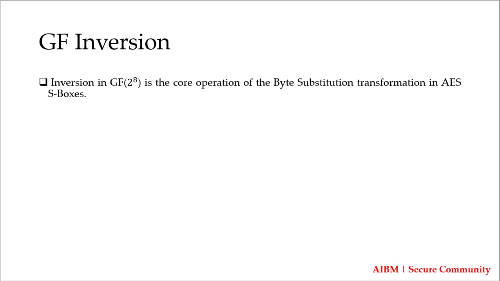GF inversions. The GF inversion is the first operation in the AES S-Box. The GF inversion is used with Galois field 2 to the power 8. Inversion in GF(2^8) is the core operation of the byte substitution transformation in the AES S-Box.